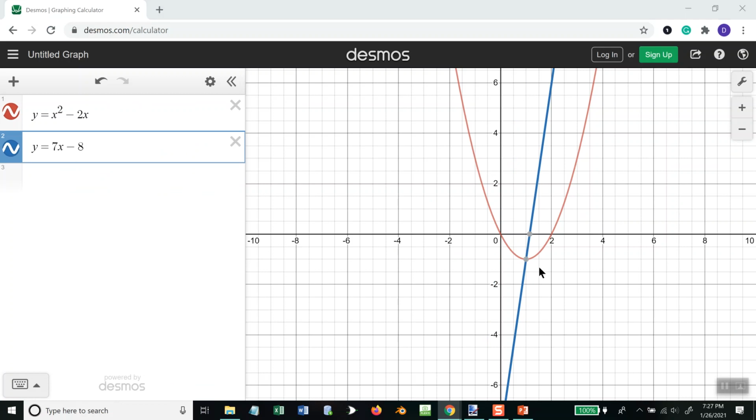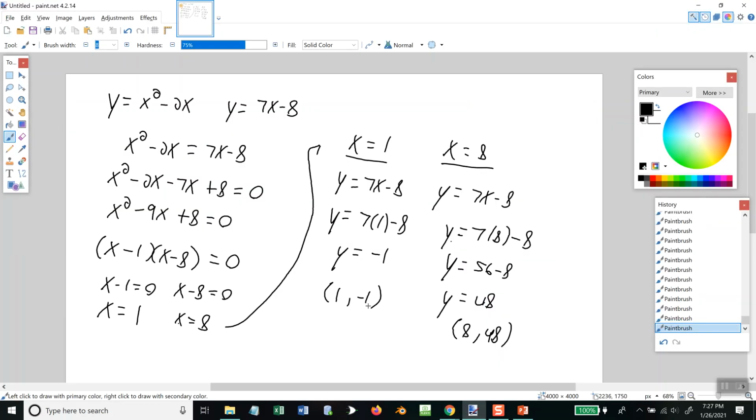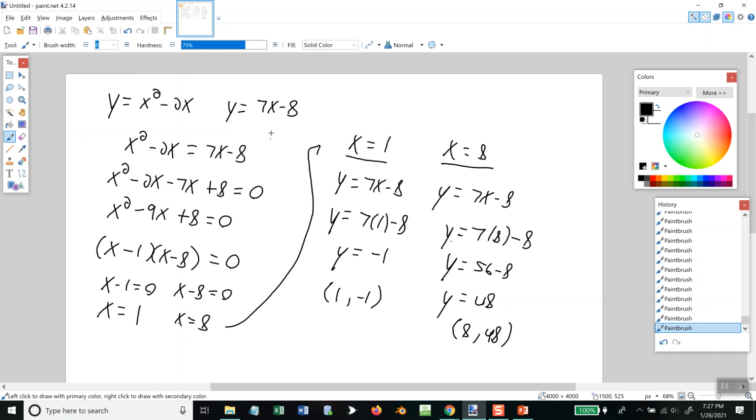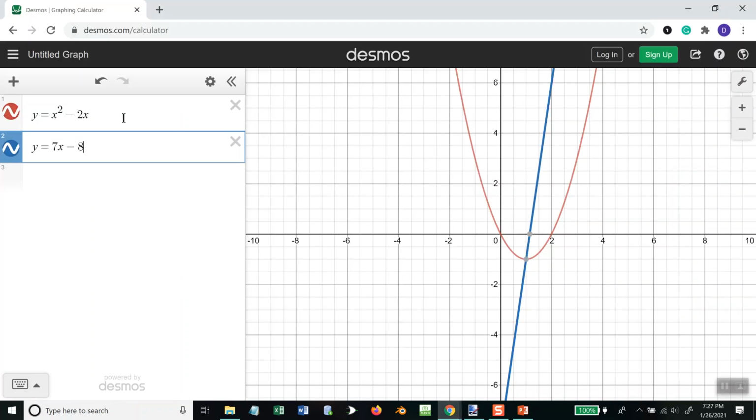Now, intersection says 1, negative 1. What did I type in wrong? Oh, there's 1, negative 1. Never mind. If I put my cursor on that and click, you see it says 1, negative 1.